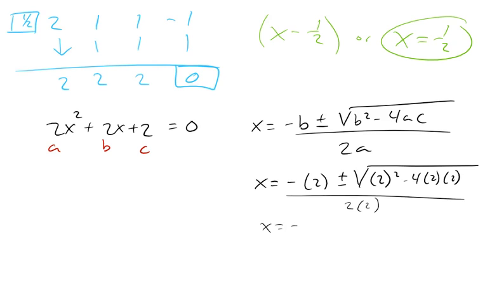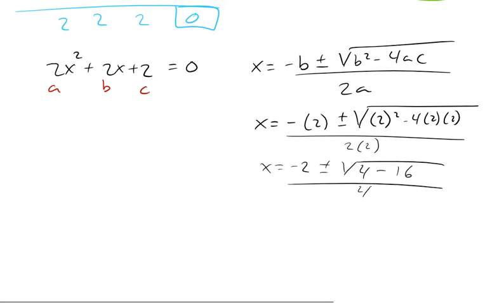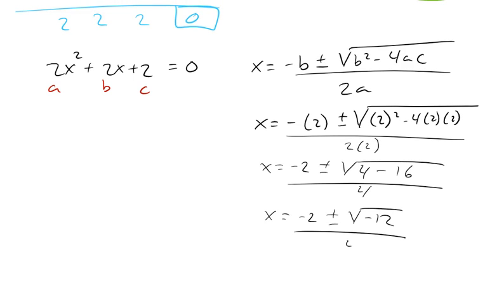I'm going to simplify. -4 times 2 is -8 times 2 again, -16. All divided by 4. I'm going to keep going. -2 plus or minus radical -12 all over 4. -12 can be 4 and 3, 2 and 2.